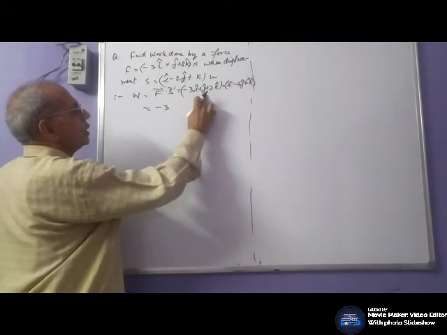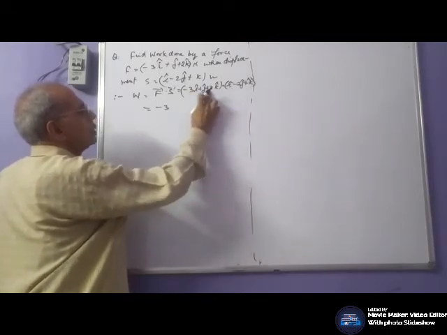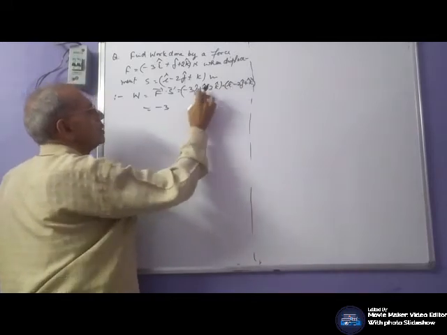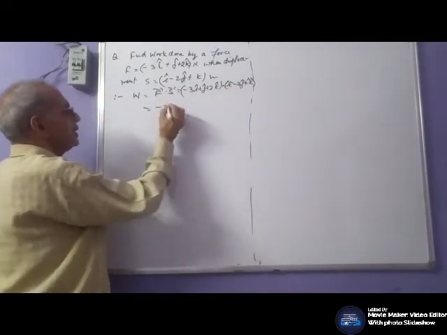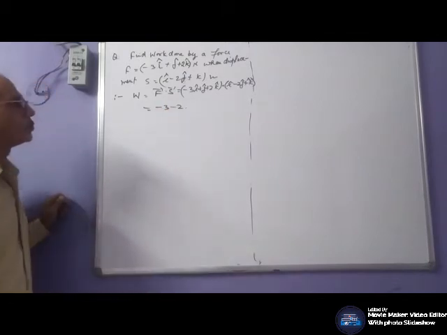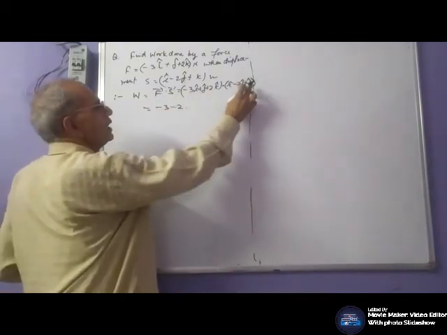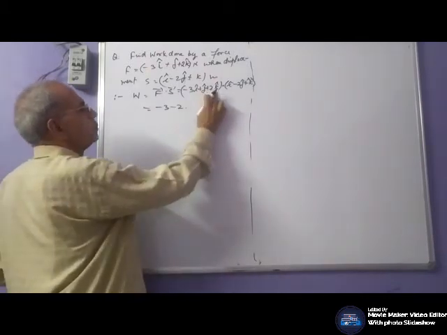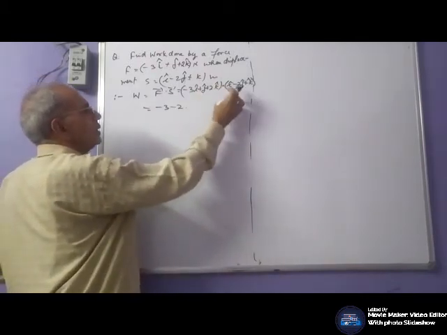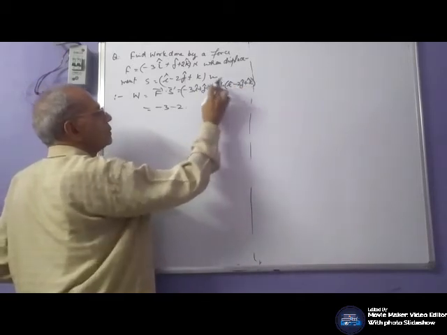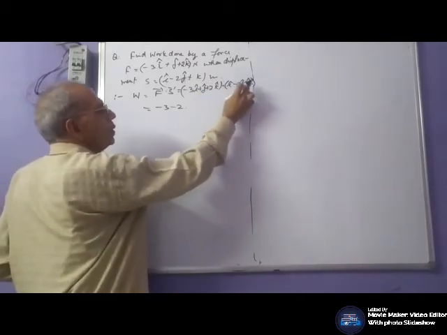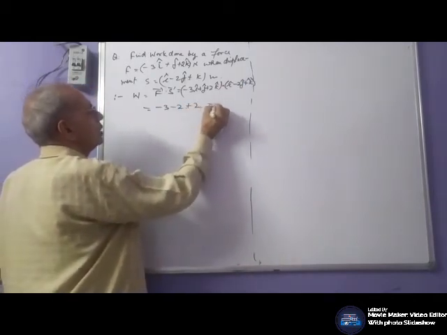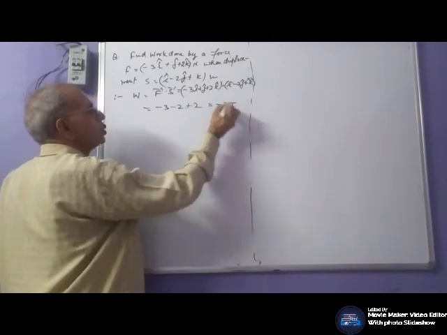Now j dot i is 0, j dot j is 1, j dot minus 2j is minus 2, j dot k is 0. This one, k dot i is 0, k dot j is 0, k dot k is 1, so 2k dot k is 2. So the work done is minus 3 joules.